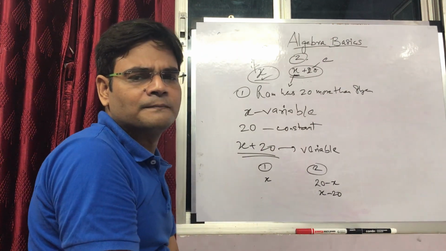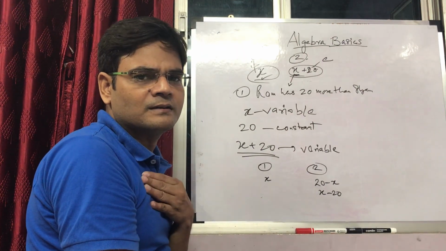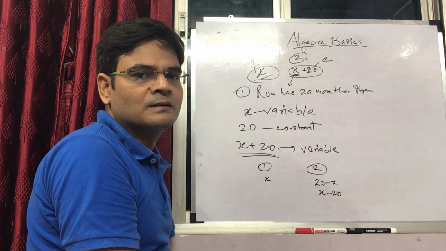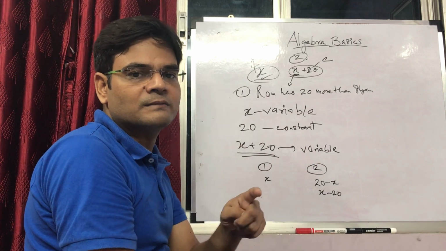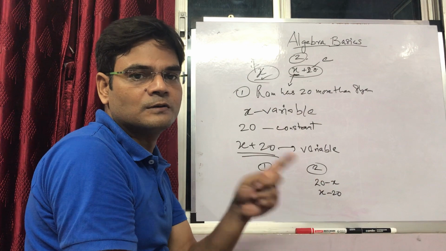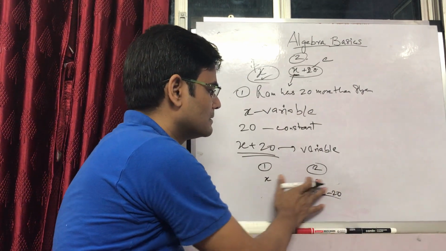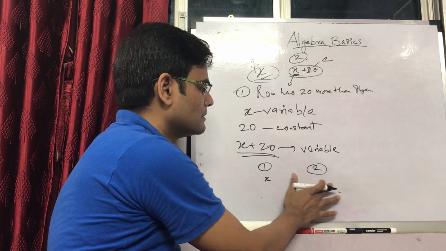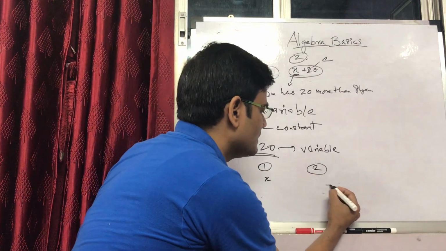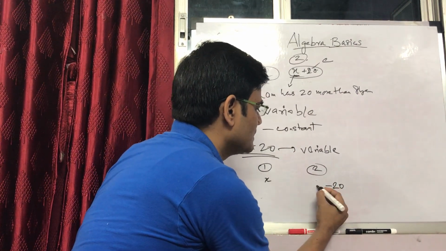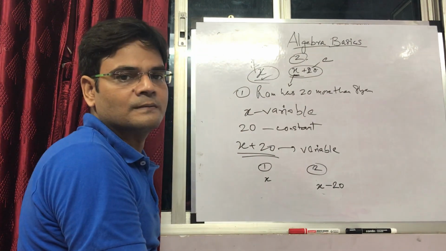You just think, if I have 70, the other person has 20 less than me, are you going to subtract 20 minus 70 or 70 minus 20? You will do 70 minus 20, right? So it is x minus 20. So the second person has 20 less, that means minus 20, than the first person.